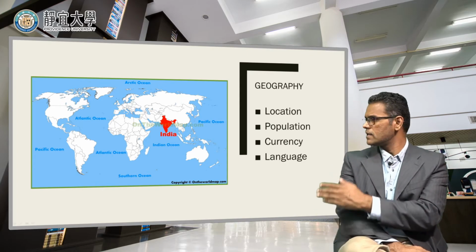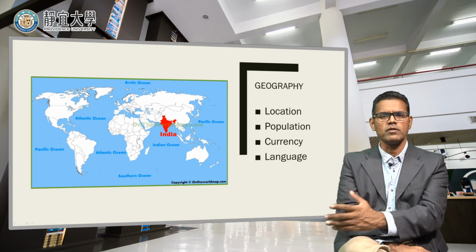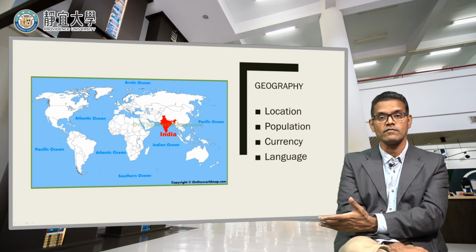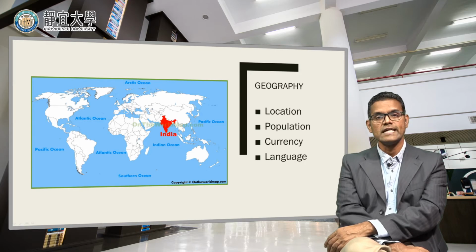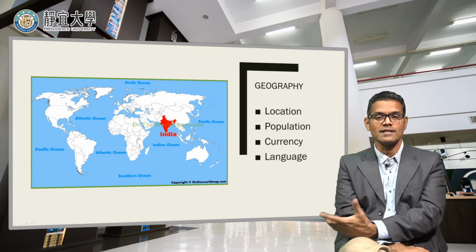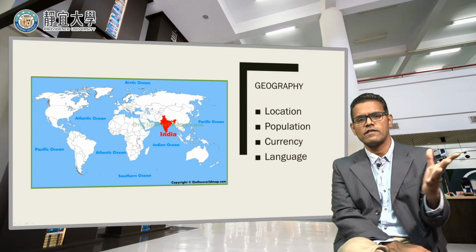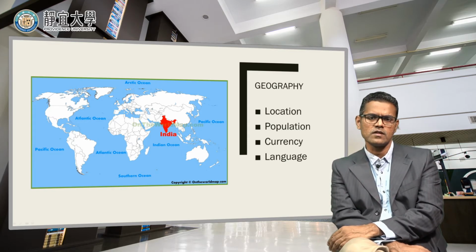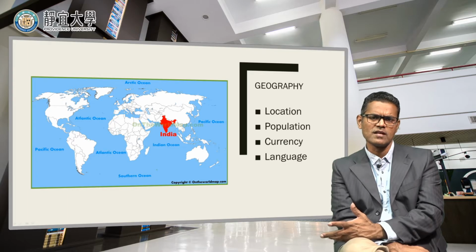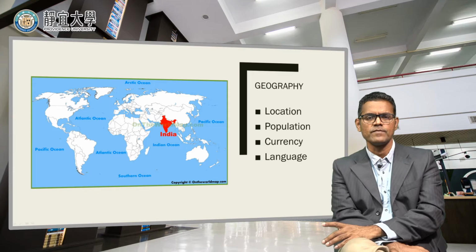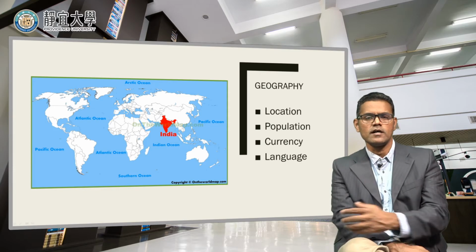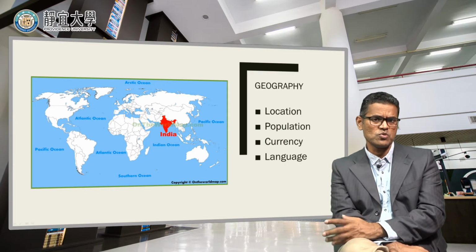All right, so again, give more information like location, population, the currency of India. If you have a picture, you can also show that picture, and the language. See, the language in India is kind of unique. Indians speak different languages. I read that there are more than 600 languages in India, and as I know, there are 22 main languages.